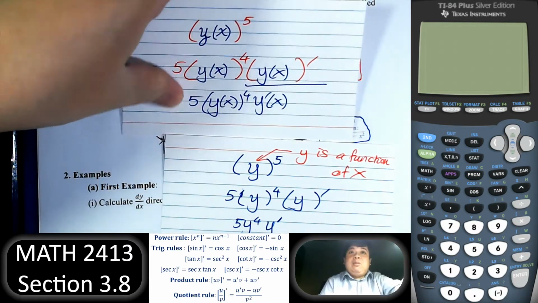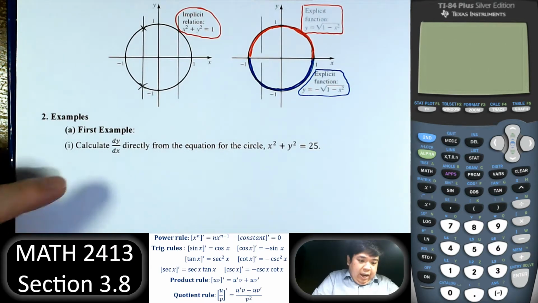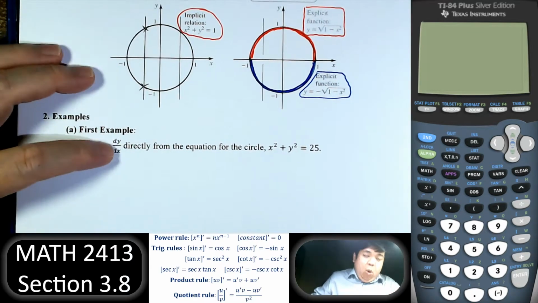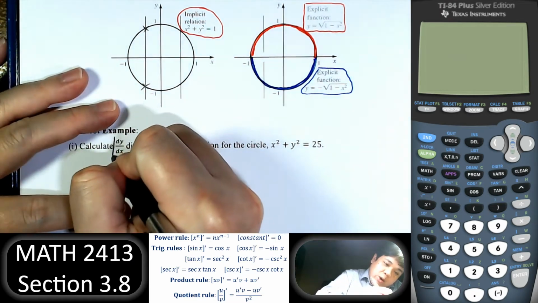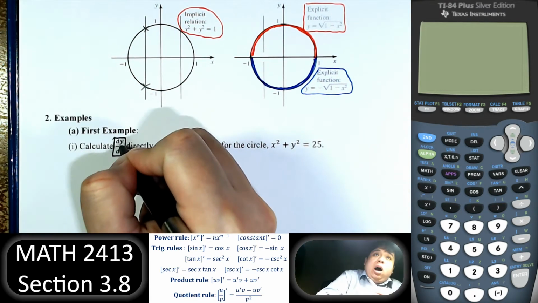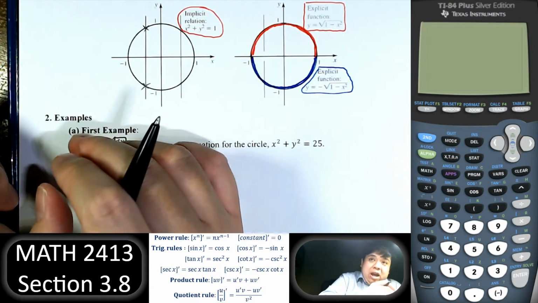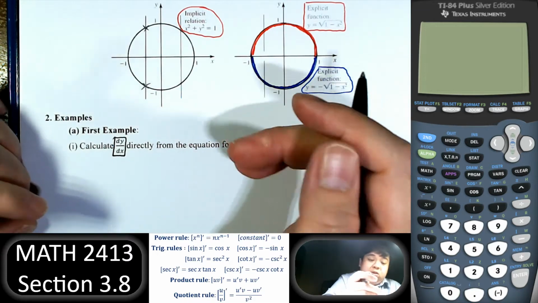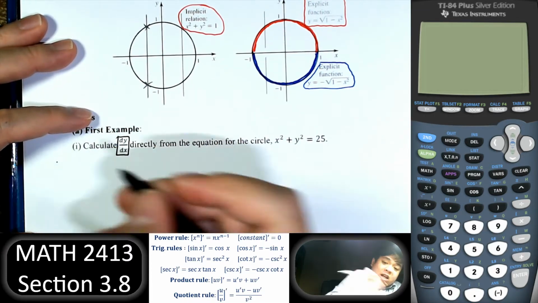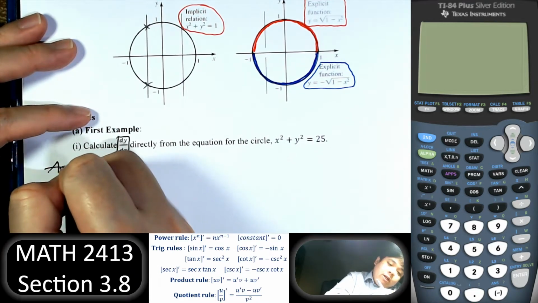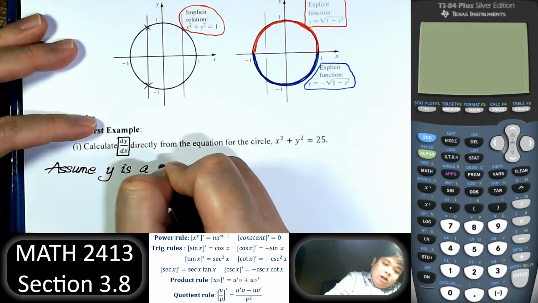How does that apply to our problem here? Calculate dy over dx, meaning the derivative of y with respect to x. So I'm going to circle that. When we see this, we mean y is a function of x. x is the independent variable, y is the dependent variable. So when I see that, I see y is a function of x, and that's what I start with. Assume y is a function of x.